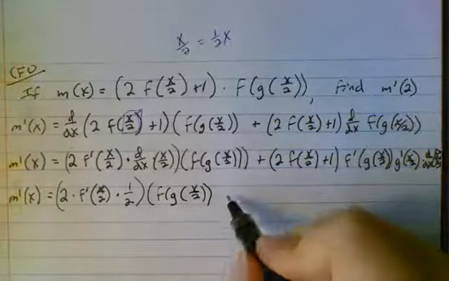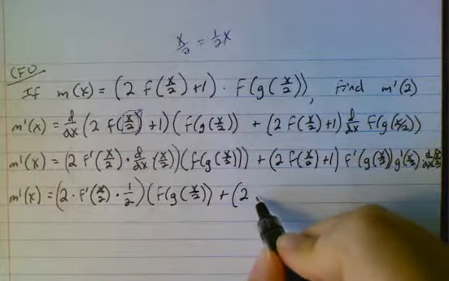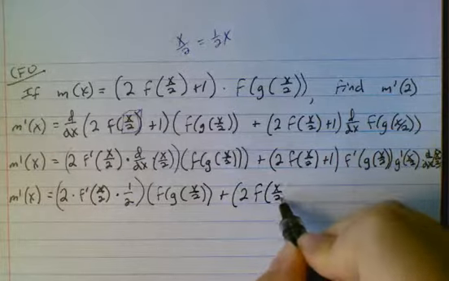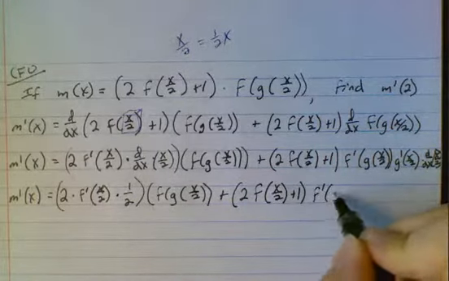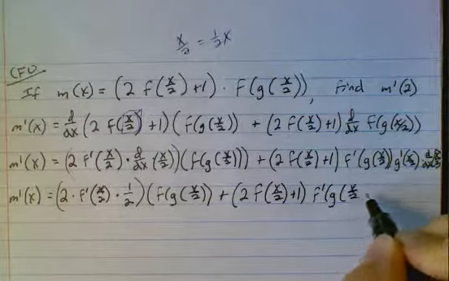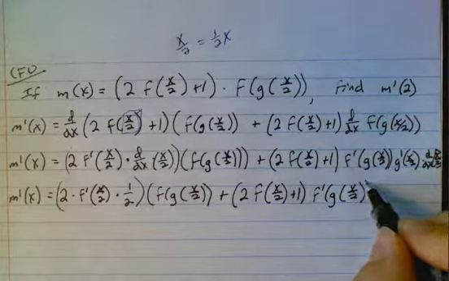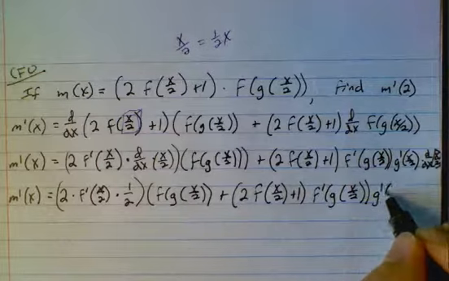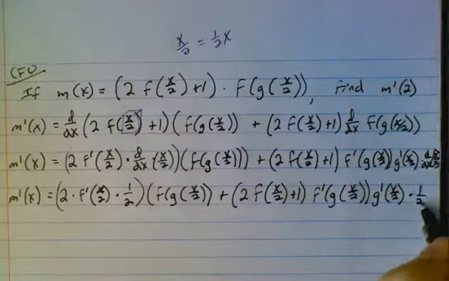Next piece is along for the ride. Along for the ride. And then the derivative of x over 2 is just 1/2.